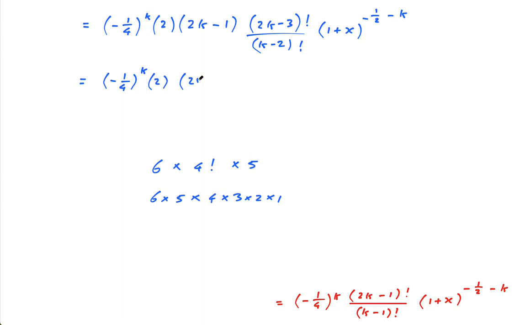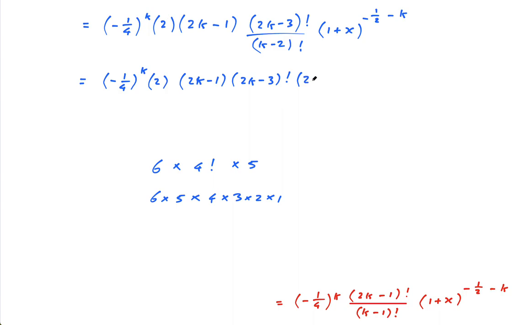Similarly here, this is my (2k − 1), and I'm missing the (2k − 2). So let me put the (2k − 3) factorial here. This is like my 6 times 4 factorial, just an example. I'm missing the 5, and here I'm missing the (2k − 2).